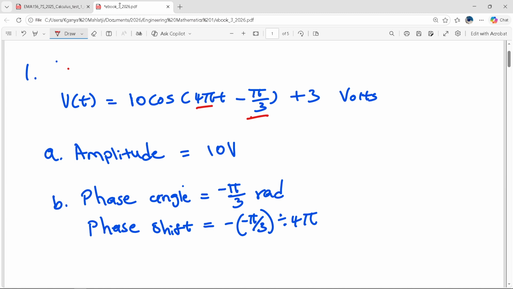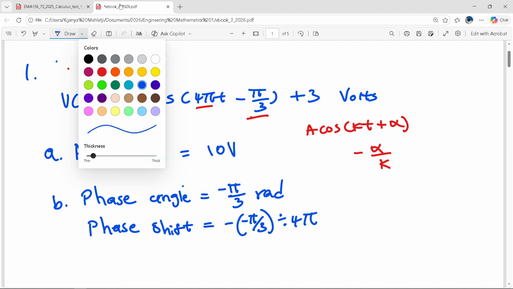If you have something like A cos kt plus alpha, you know that your phase shift should be minus alpha over k. This is the formula for phase shift.